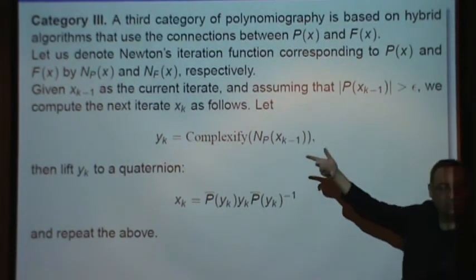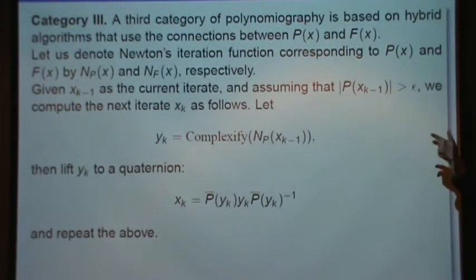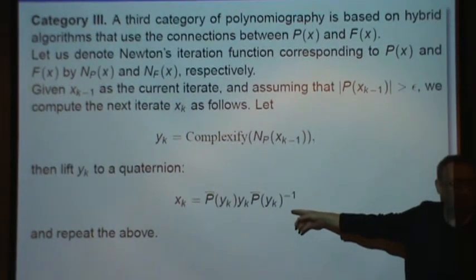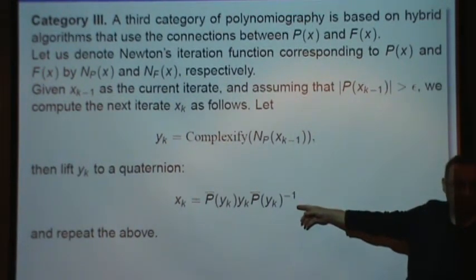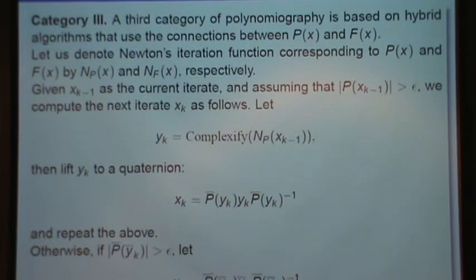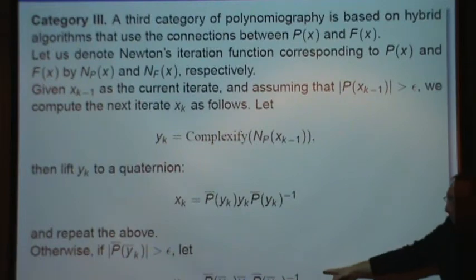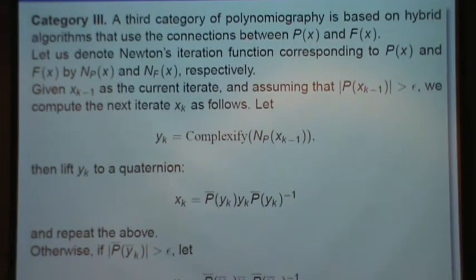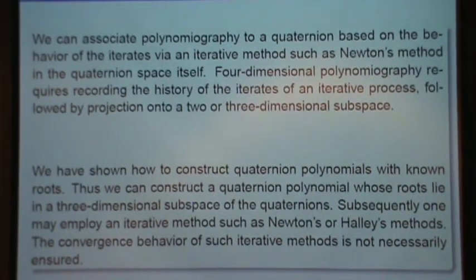Then we lift yk to a quaternion by that version of the fundamental theorem that we have. So we can go from 2 dimensions to 4, see what's happening, and then bring it down here. And then there are other approaches. Otherwise we do it like this. So there is also in 3 and 4.